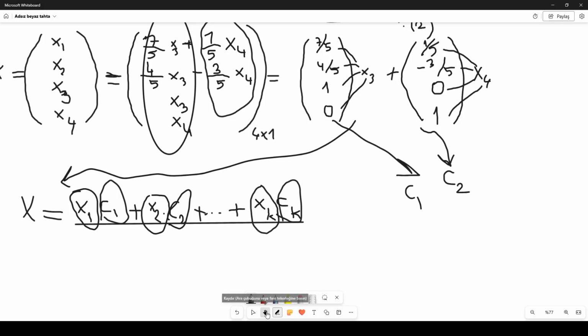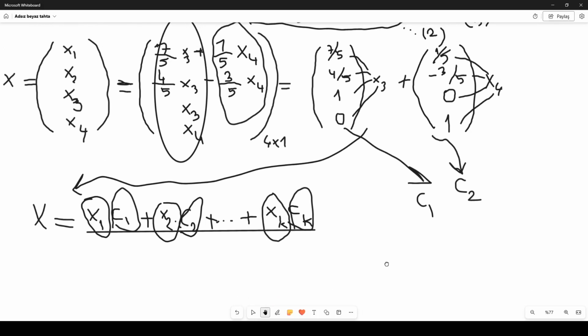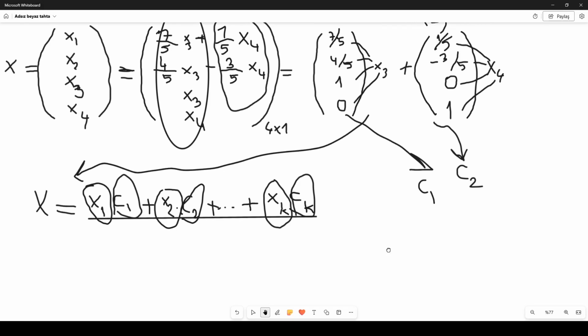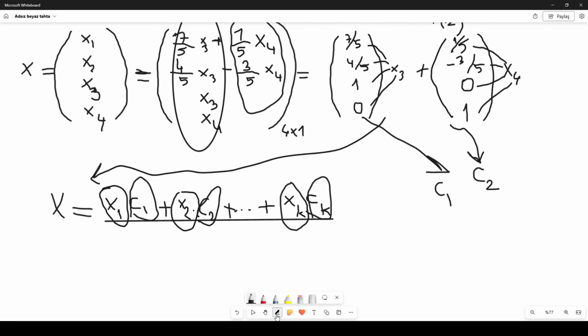The way to understand that is if I take the value of one of the free variables equal to 1 and the other one equal to 0. So say, for instance, x3 is equal to 1 and x4 is equal to 0.